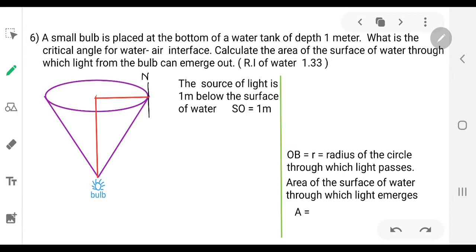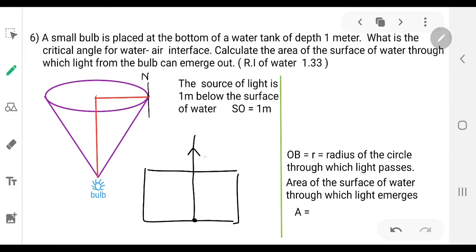What happens when the bulb is placed inside a tank? Here is the bulb placed. The light from the bulb emerges out in the normal direction, the perpendicular direction. If a ray of light comes from the bulb to the interface of water and air, it refracts and moves out. Again, if a ray from the bulb meets the interface of the two media, it comes out.